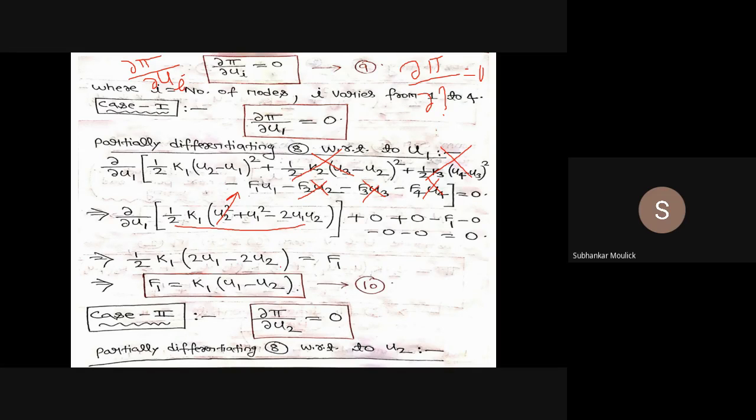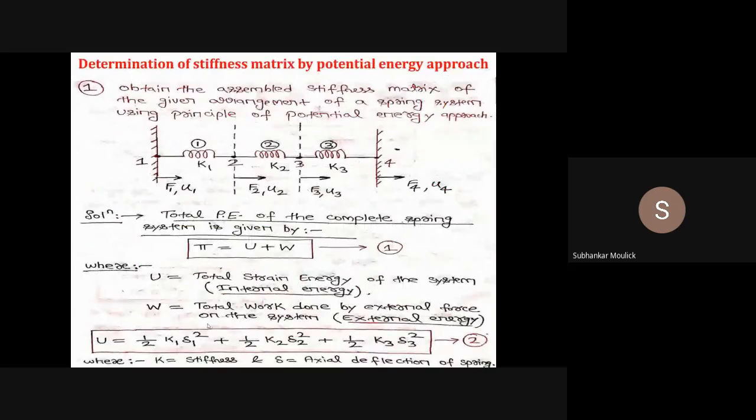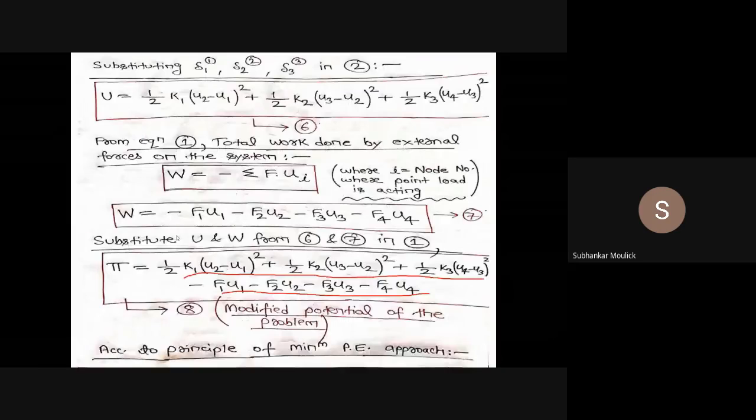If you take 2 common, the 2 and the 2 get cancelled. Your final expression for case number 1 becomes f1 is equal to k1 times (u1 minus u2), equation number 10. And this f1 is nothing but the nodal force acting at nodal point 1. Is it okay? Equation number 10.